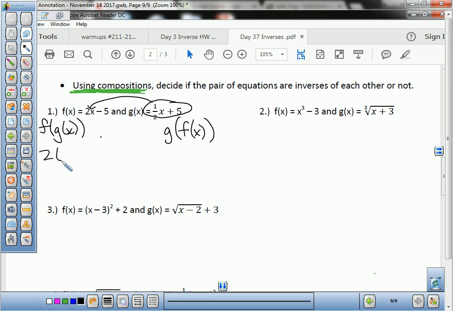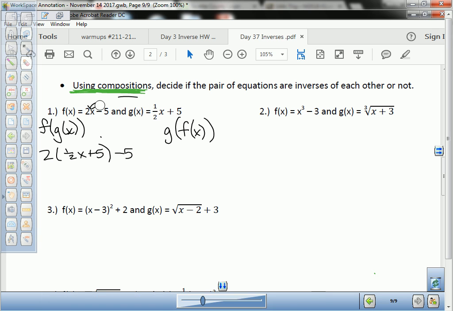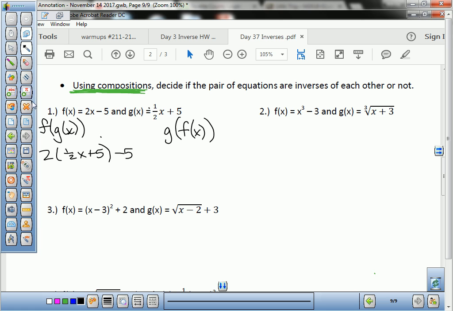This guy gets plugged into that guy. So 2 times 1/2 x plus 5, minus 5. Already see a problem? When I go distributing, this part works out good. X. I'm looking for x. But then I run into the problem.